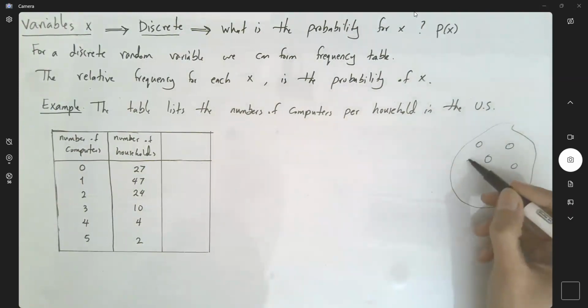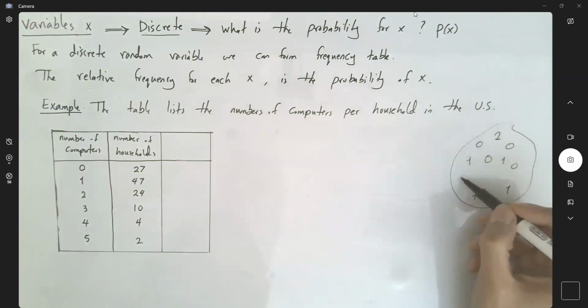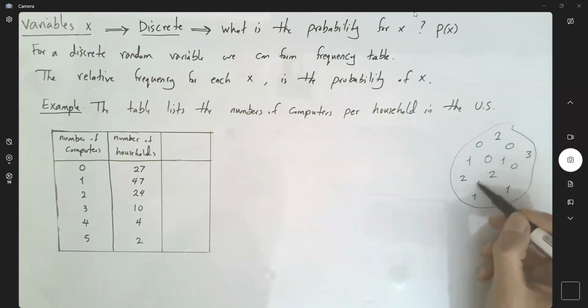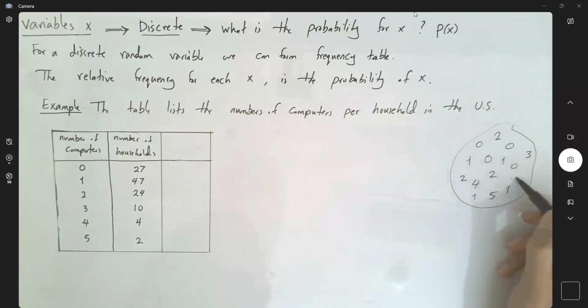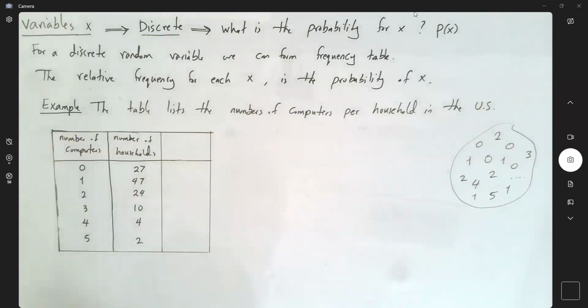Some say we have only 1 computer at home. Some others say we have 2 computers at home. Some others say we have 3 computers at home. Some say 4, some say 5, and so on. They got this information and wrote it nicely in this frequency table for us.